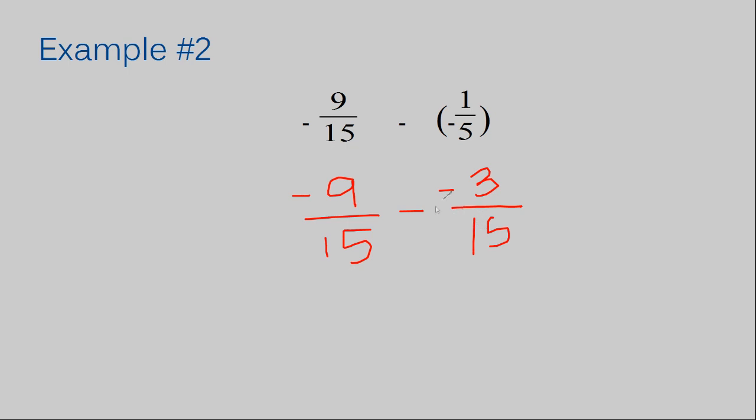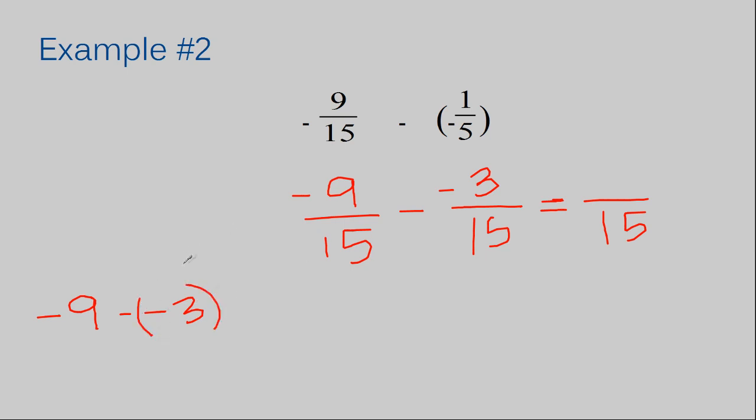Okay, so now, just like we did in the last example, we're going to complete the rules for subtraction, but last time we had addition. We're just going to complete the rules for subtraction of a fraction, which means my denominators remain the same, and I'm going to treat my numerators like their own problem. That own problem is going to look like this: negative 9 minus negative 3, and I can put this in parentheses for clarification.